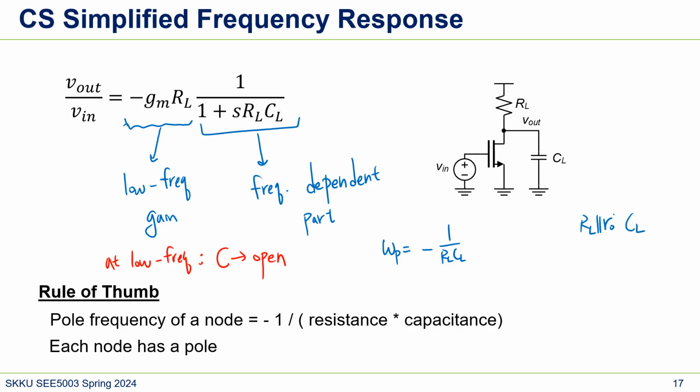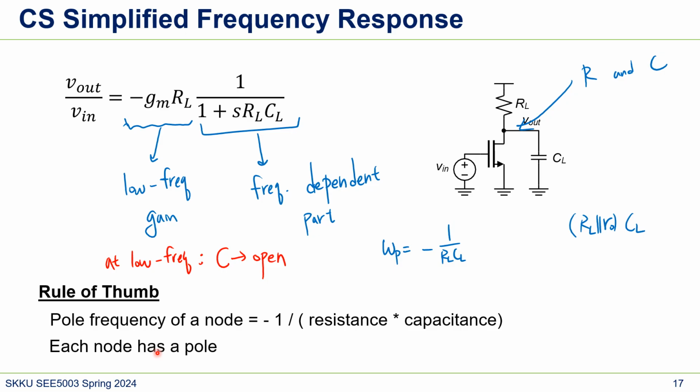Even if you include RO, it doesn't matter, it would just be RL in parallel with RO. But still, the rule of thumb is that we see the R and C at the node, multiply them, and that will be our pole. So each node has a pole.